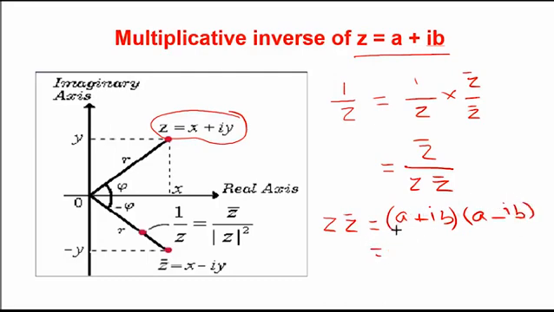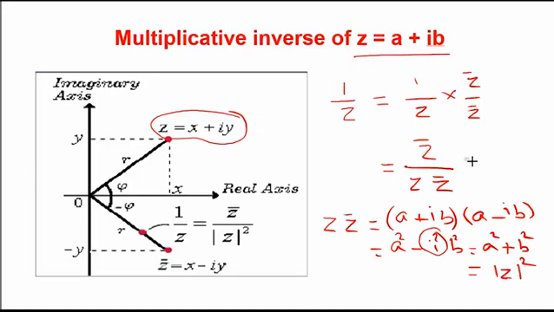When you multiply, you will get a square minus i square b square, which gives a square. i square is nothing but square root of minus 1 whole square, that is minus 1, so minus of minus gives plus b square. So Z into Z bar is nothing but modulus of Z square.